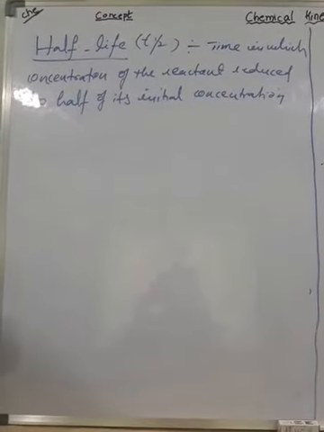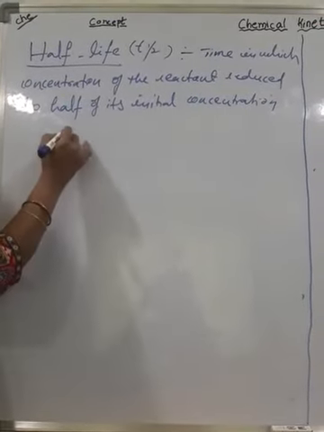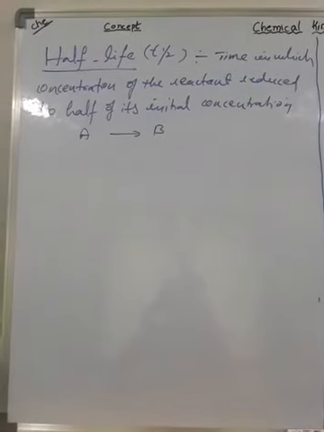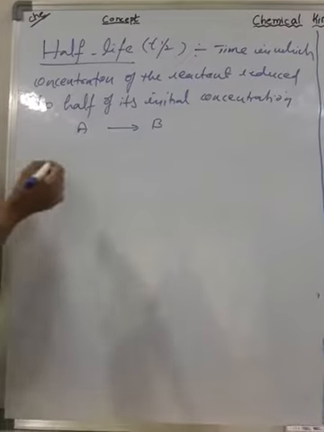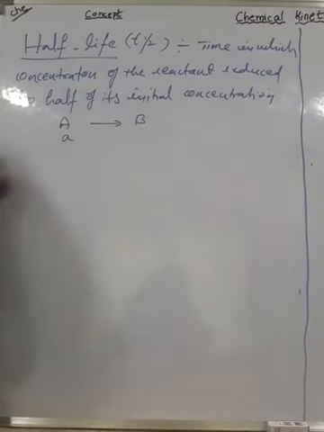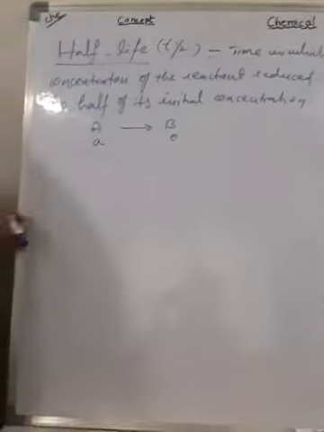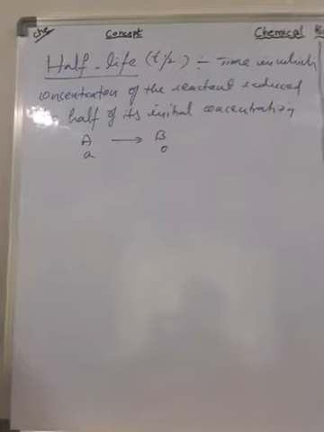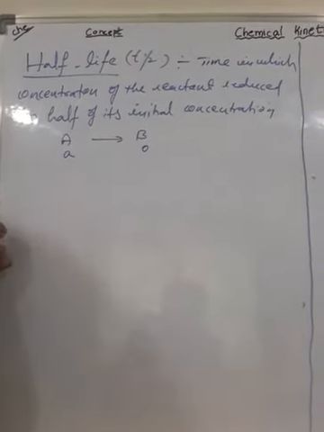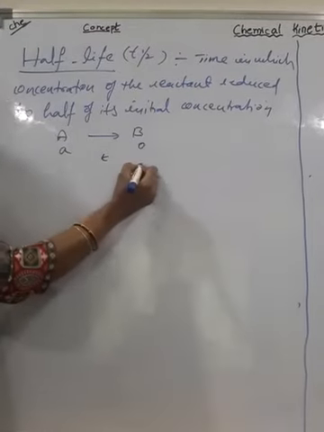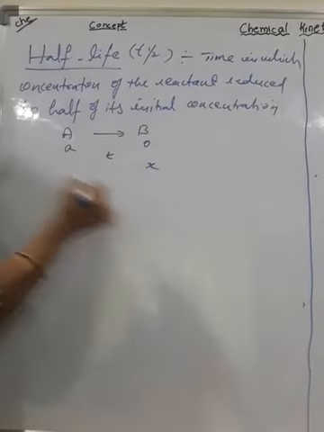For example, an A to B reaction is there. Initially, a moles of reactant are there and products 0 moles. After time t, we get x moles of products.